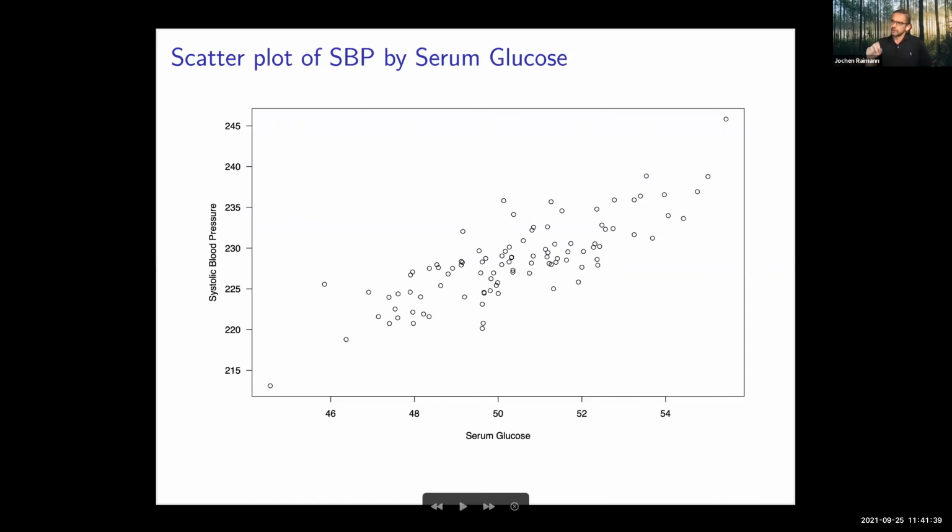This being said, we were looking at the scatter of serum glucose and systolic blood pressure, so we essentially see systolic blood pressure as a function of serum glucose.